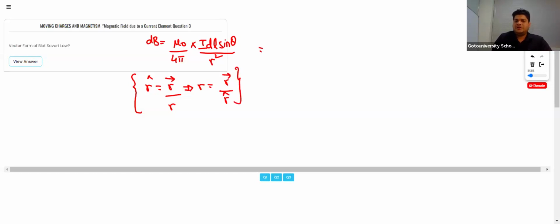So here you can write mu naught upon 4 pi into I dl into, in place of r square, r cube into vector r. Where does that come from? That comes from sine theta. What is sine theta? Sine theta will be r on r. From here you will get the vector formula for Biot-Savart law.